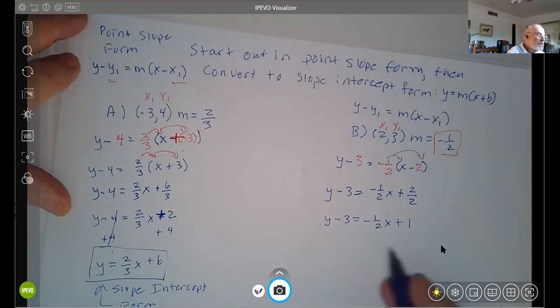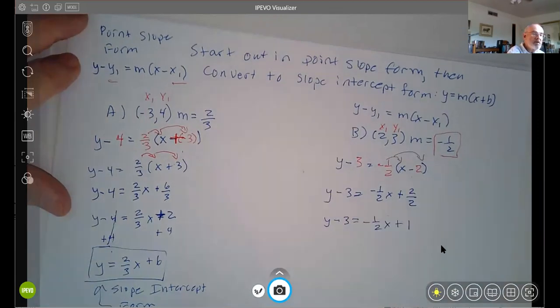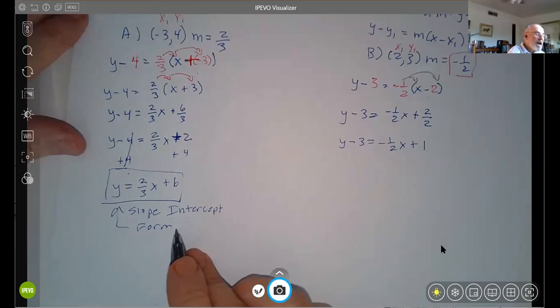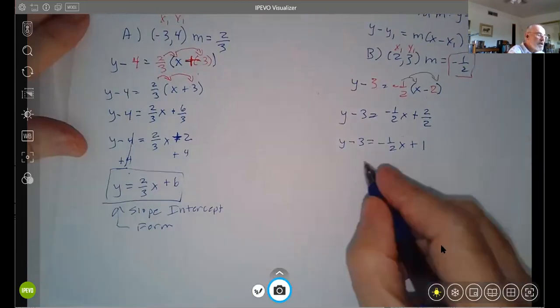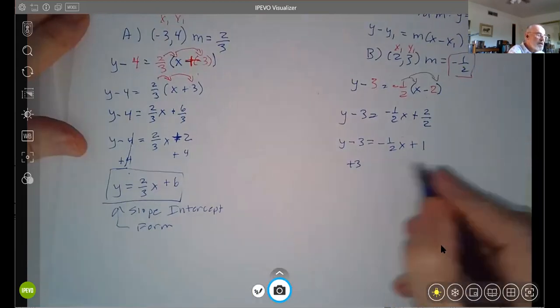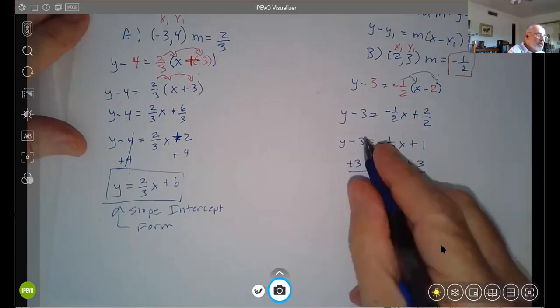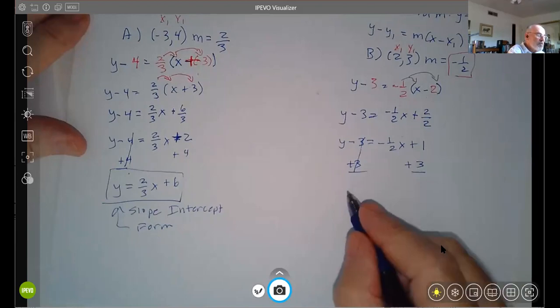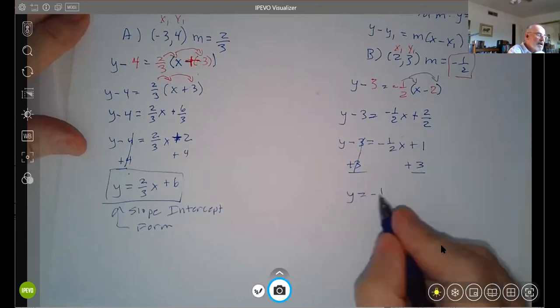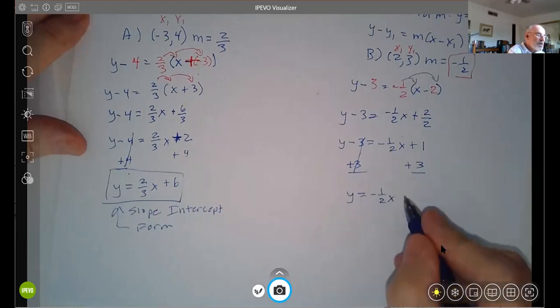Now we just want to get into slope-intercept form like we did over here. So we need to add 3 to both sides. And so the negative 3 cancels, and y is going to equal negative 1/2 x plus 4.